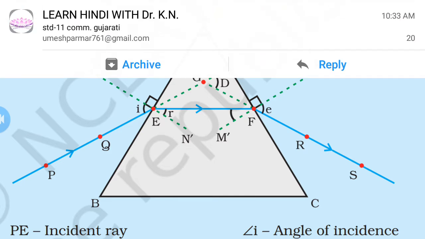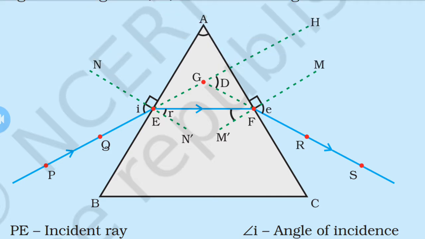Draw perpendiculars to the refracting surfaces AB and AC of the prism at the points E and F respectively. Mark the angle of incidence, angle of refraction, and angle of emergence as shown in the figure.